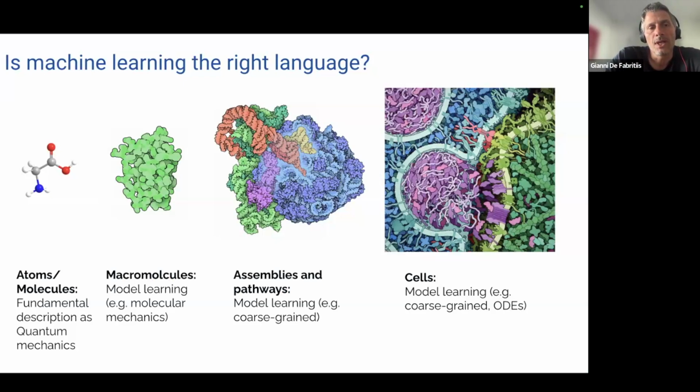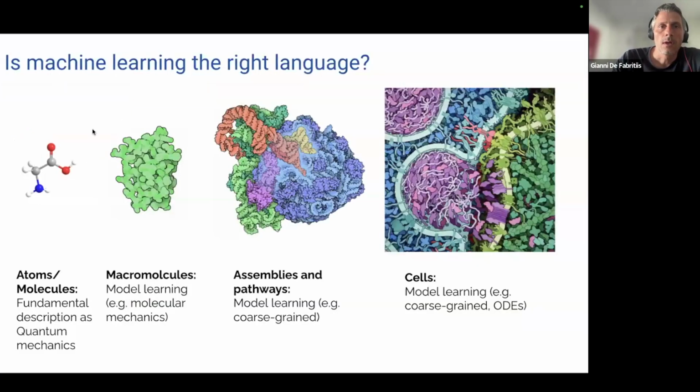And so the question we're posing here is, we would like to be able to model atoms and molecules on the left, but also structural elements like macromolecules, which are formed by many atoms, and then assemblies of these macromolecules, and then in the cells you have all these kinds of complicated structures. At the very small scale, physics is a good approximation, depending on the approximation you want to use.